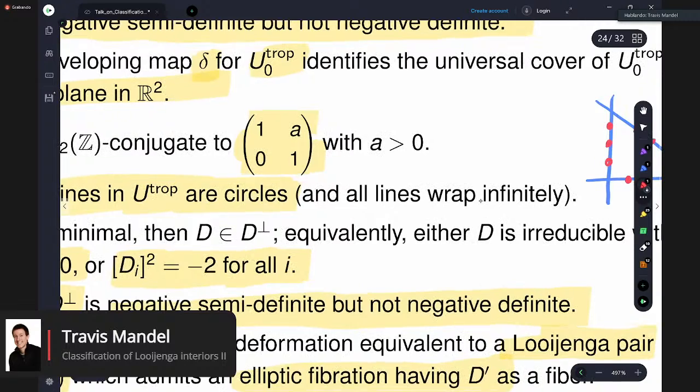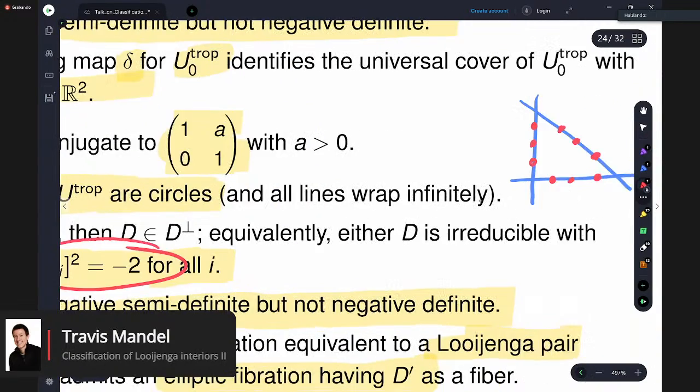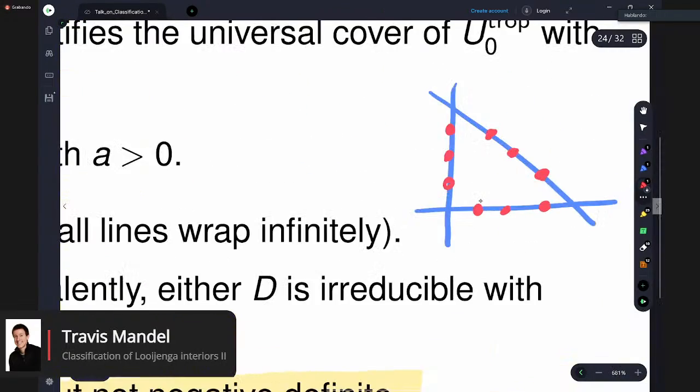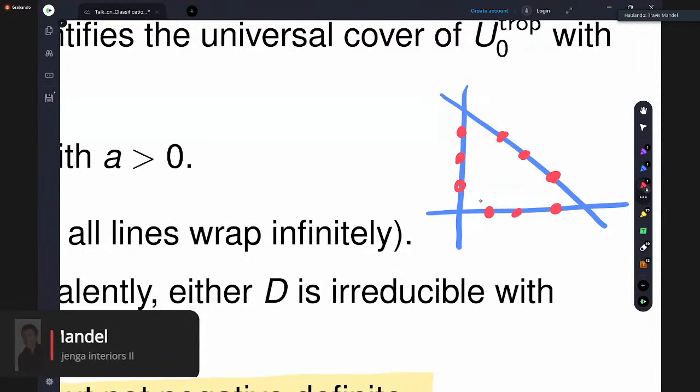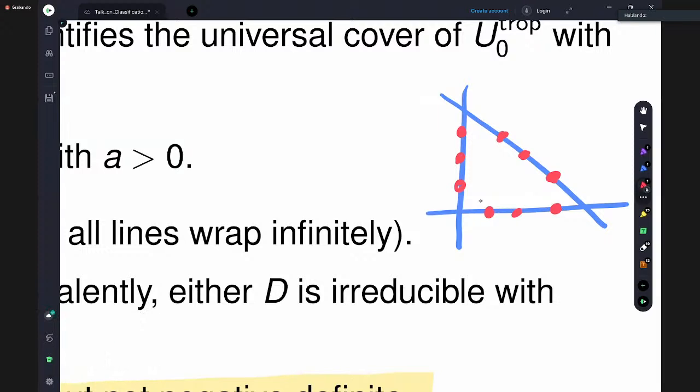So this condition is satisfied. And so if you choose these 9 blow-up points generically, this will not be an elliptic surface. But if you choose 8 points, 8 points determine a pencil of cubics. One of the cubics in that pencil is the boundary, these 3 lines.